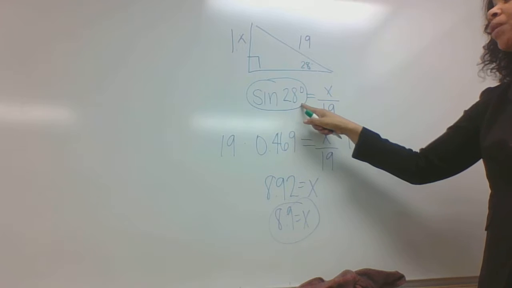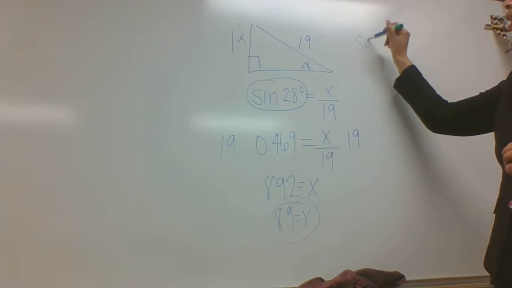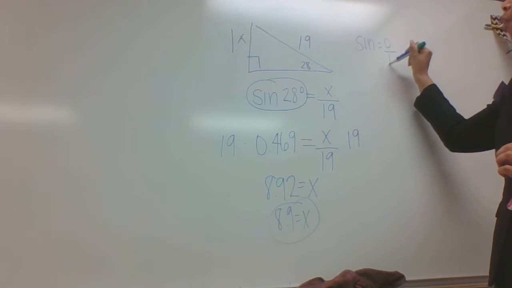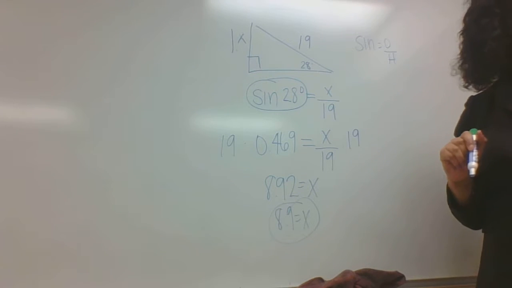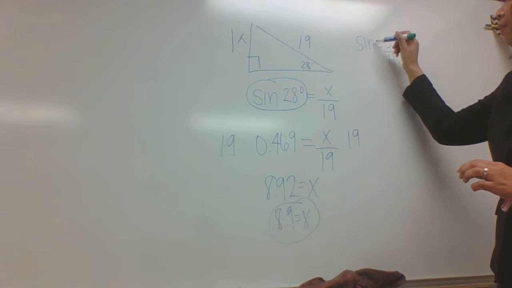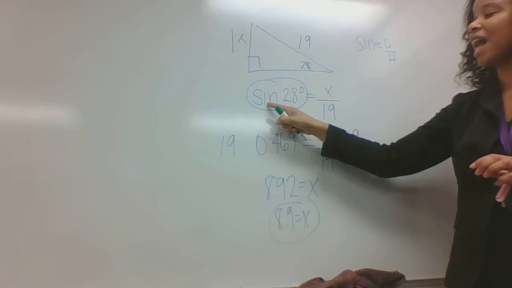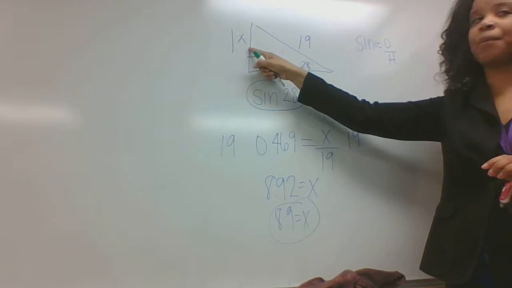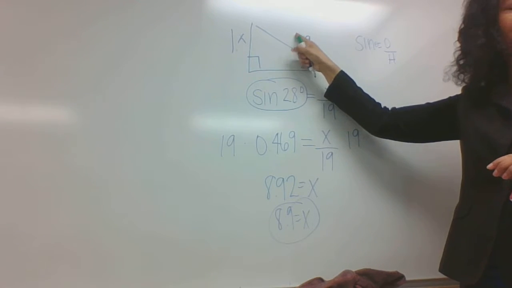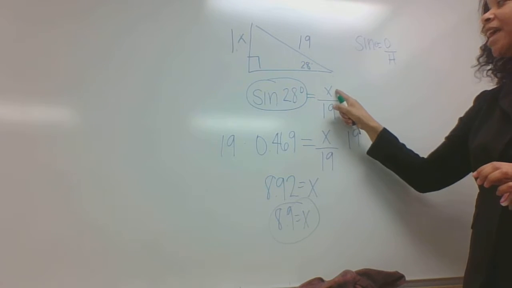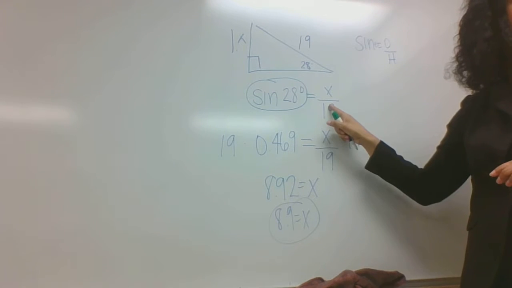So sine of 28 equals the opposite over the hypotenuse. The opposite is x and the hypotenuse is 19.